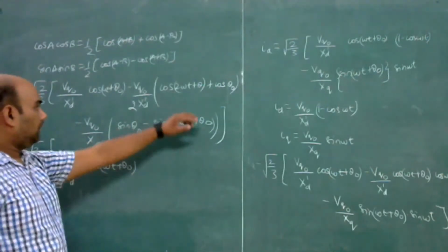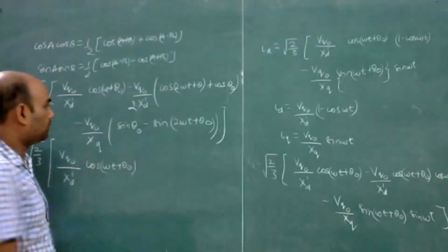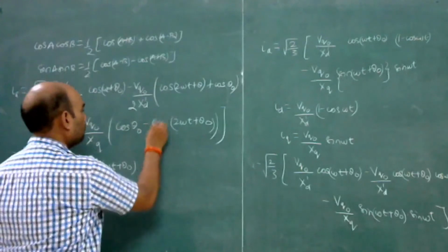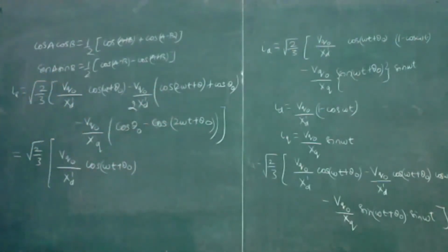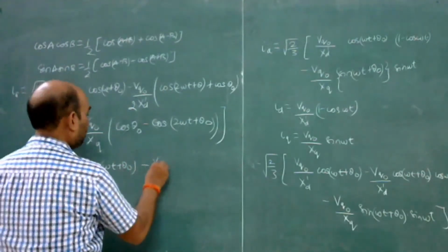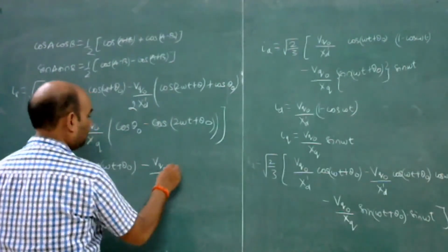So this term will be cos. Taking this cos out, and taking the negative here, Vq naught divided by 2.